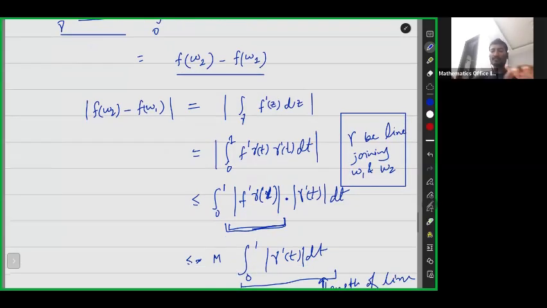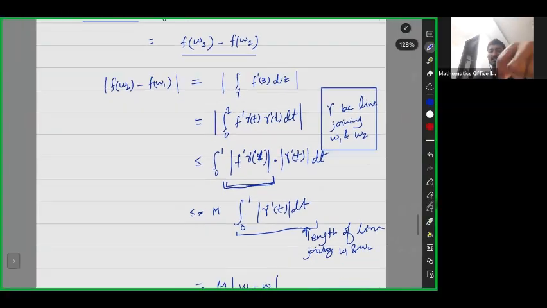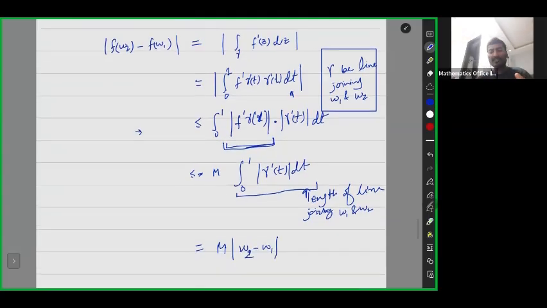Now after this, what we did, we just used a change of variables here. Then in the next step, we used this inequality, which I don't know what it is called by name, but this step is crucial.